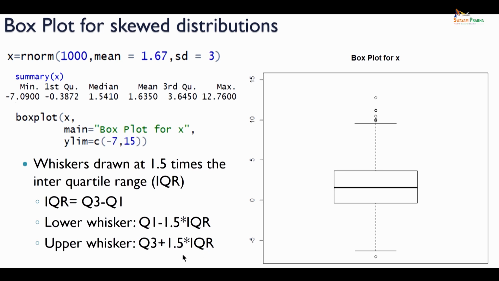This is something you do not have to do. The boxplot function automatically does this. It checks if the variable that you have given is normally distributed or not. If not, it does this automatically. In this case x is not normally distributed, it is slightly skewed on one side.